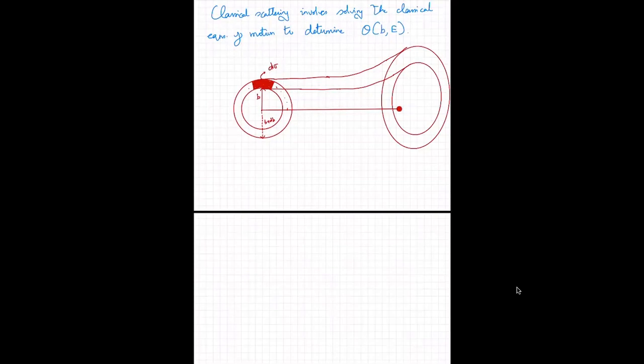Basically it's easy for you to see, even though my picture might not be very accurate, all of these particles are going to be scattered, and this area d sigma is going to be scattered away. If I simply extend this, it's easy for you to see that if you imagine two lines like this, then this annular ring on the right hand side is going to be the tip of a cone.